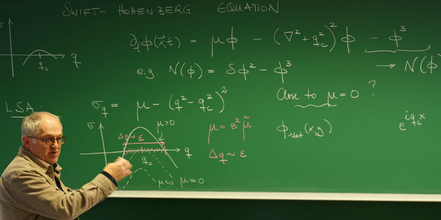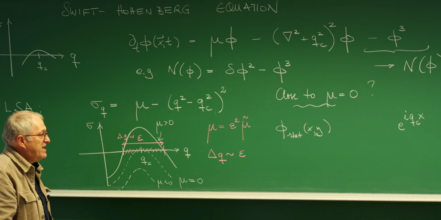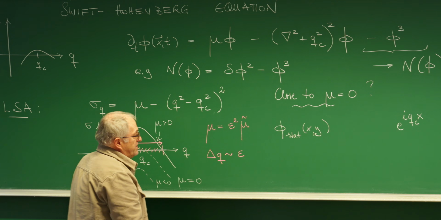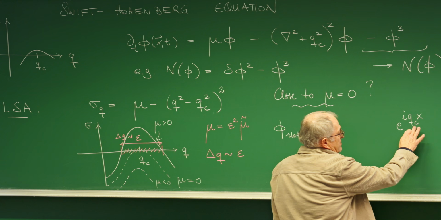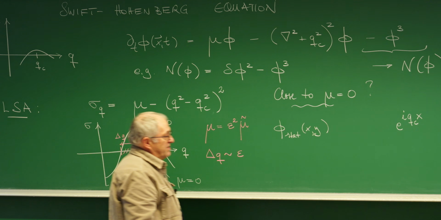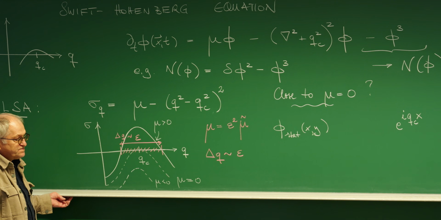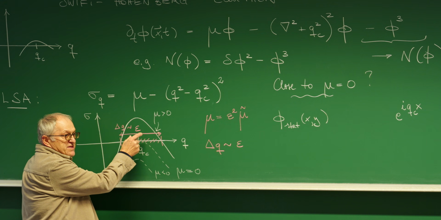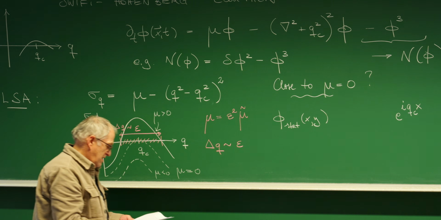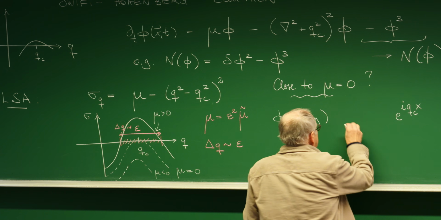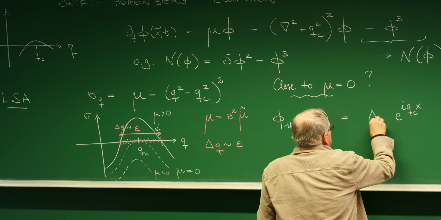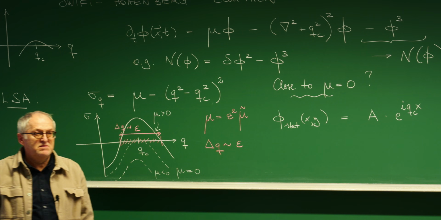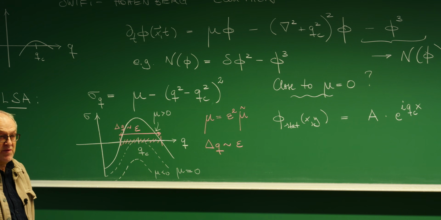Okay? Could also be along the y direction or something more complicated, but let's assume we have this periodic pattern along the x direction with a wavelength given by wave vector QC. If you make this a little further up, there will be other modes that contribute. And let's just say I ignore that and I assume this to be the solution of my Swift-Hohenberg equation.